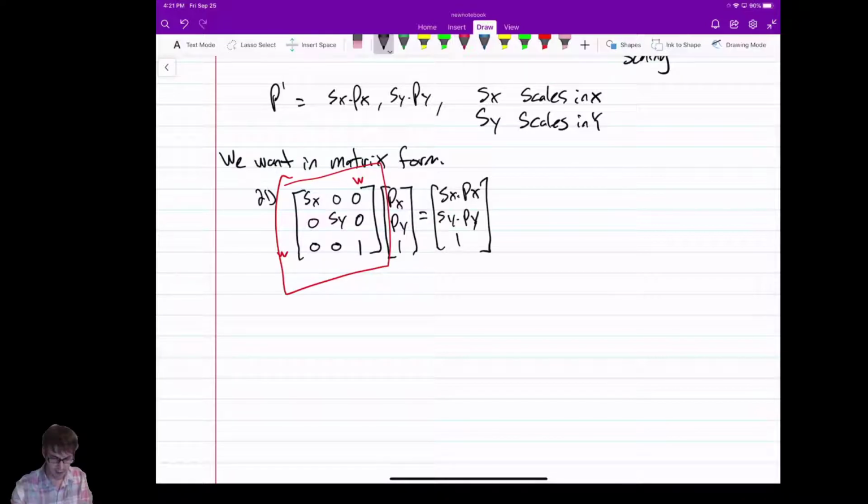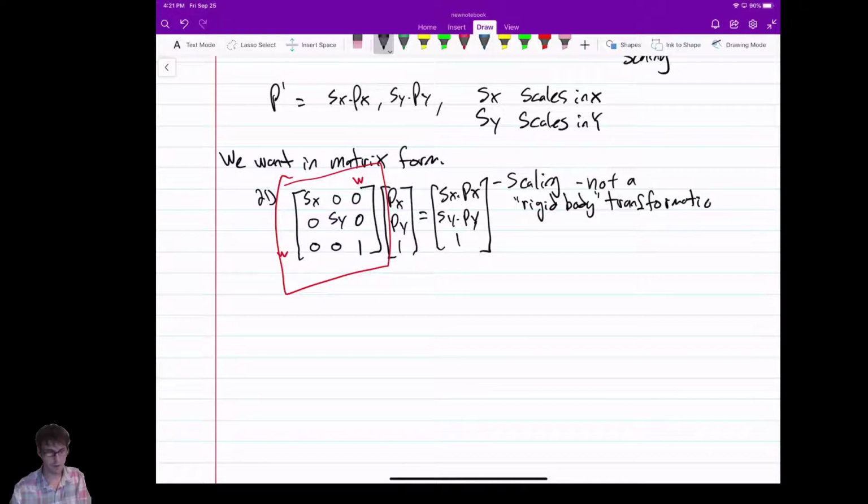The last thing I want to mention about scaling is that it's not what we call a rigid body transformation. And I'm not going to really delve into rigid body in this class. So basically, we couldn't do it to a real object.